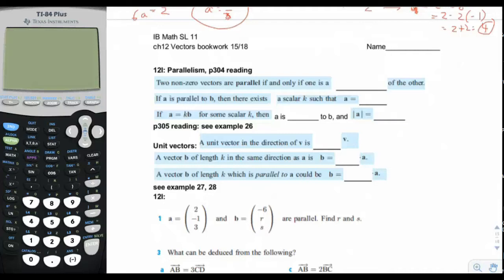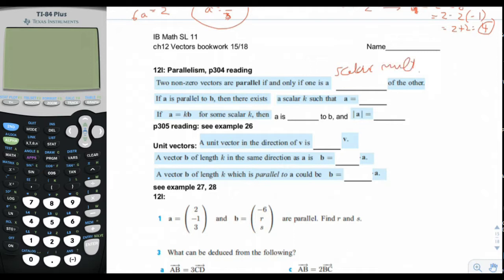Vectors, page 16. For 12I, parallelism, page 304 reading: two non-zero vectors are parallel if and only if one is a scalar multiple of the other.